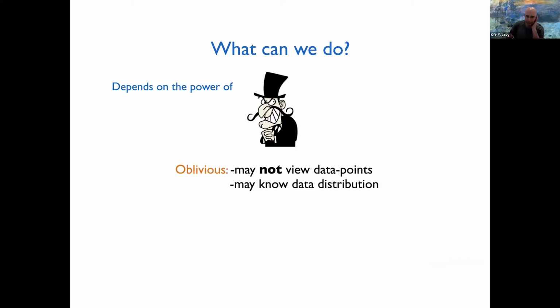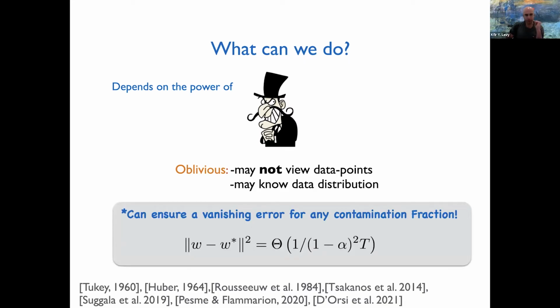And these adversaries cannot view the data points before choosing the perturbations, but they have some knowledge. They may know the true distribution of the clean data, and they also may know the value of the optimal solution W star. Okay, and surprisingly, it was shown that if you have such an oblivious adversary, you can ensure an error that vanishes as the number of samples increases, even if the fraction of contamination is greater than 50%.